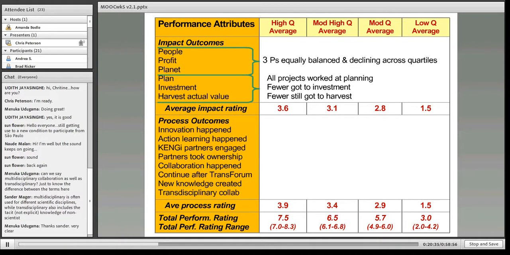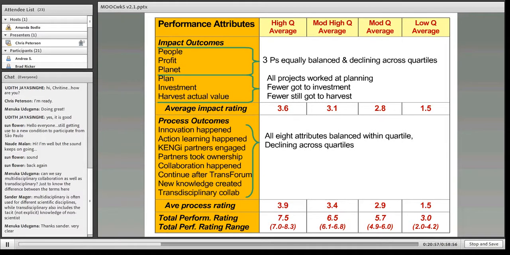Did the partners actually take ownership? And again, you can see a couple of the other variables that we used as well. And again, what we discovered is that all 8 attributes were relatively balanced within each of the quartiles, but declined across the quartiles.